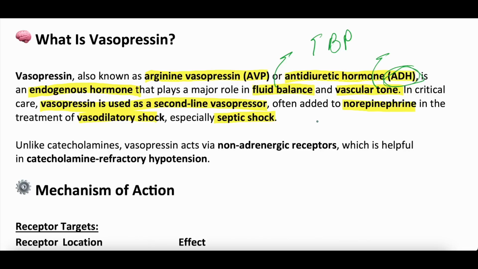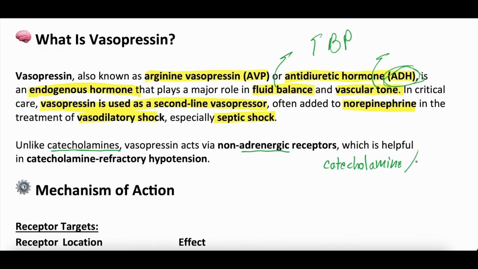What is interesting about vasopressin and why we use it as a second-line vasopressor is that it's not catecholaminergic or adrenergic, right? So when we think about vasopressors in general, we think about a couple of larger categories, and one is catecholaminergic, catecholamine.